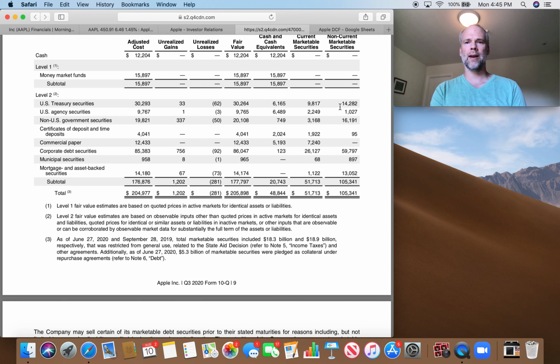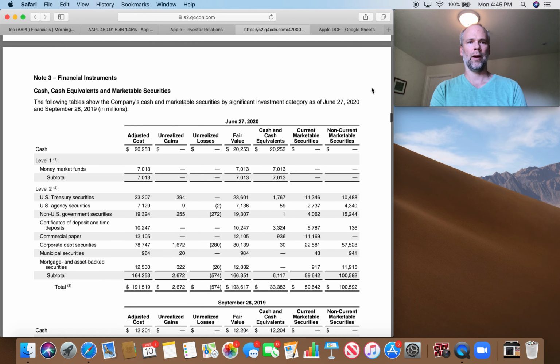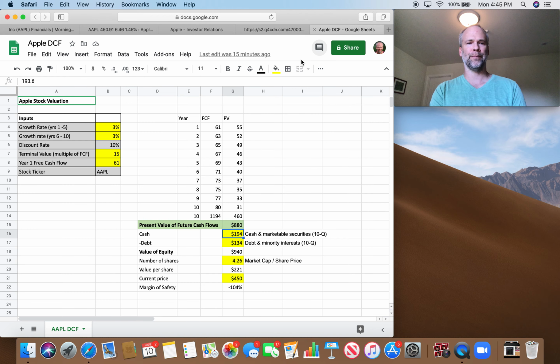We're going to pull up the 10Q, and if you scroll down to page 9, it's going to break down the cash equivalents and marketable securities for Apple. And what we want is the most recent fair value of these cash and marketable securities. And that's going to give us this number here, $193.6 billion.